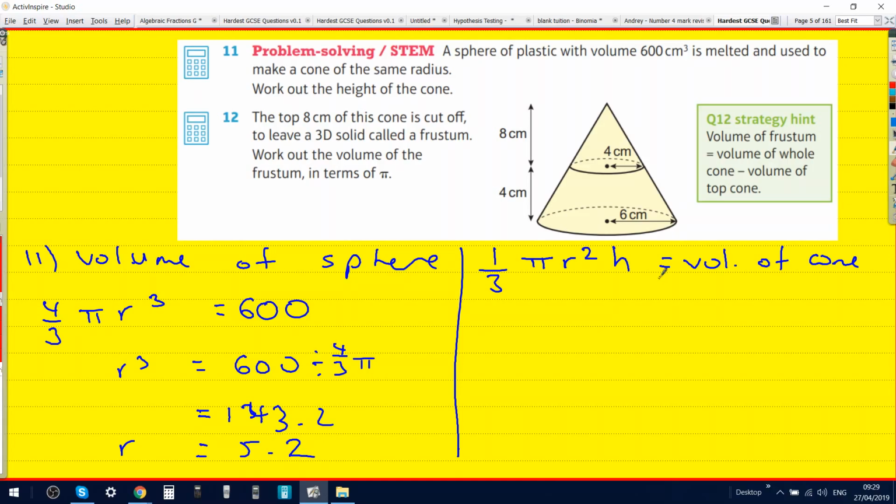And then do I do 1/3 times pi times 5.2 squared, so it says it's 1/3 pi r squared times height. So 1/3 pi times 5.2 squared. It says it's 28.3.